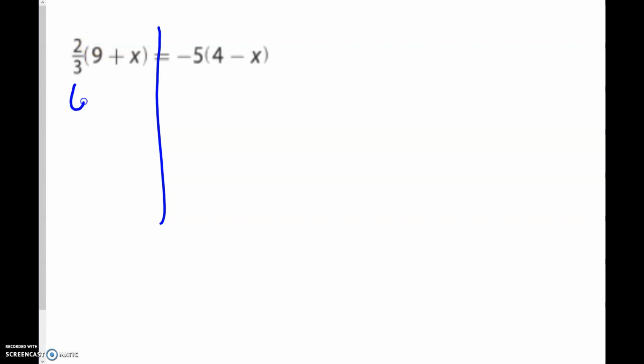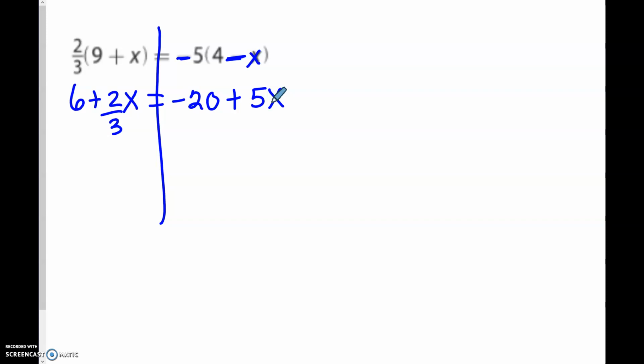So we're going to end up with 6 plus 2/3 x. And on the right-hand side here, we've got negative 5 times 4, which is negative 20. And negative 5 times negative x, so a negative times a negative, is going to be a positive 5x.